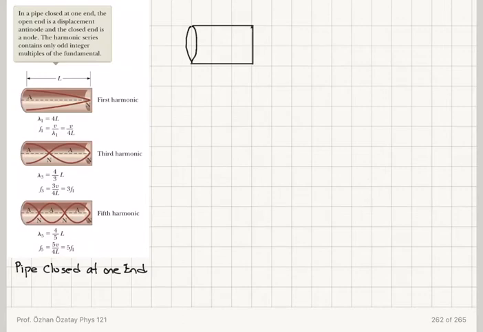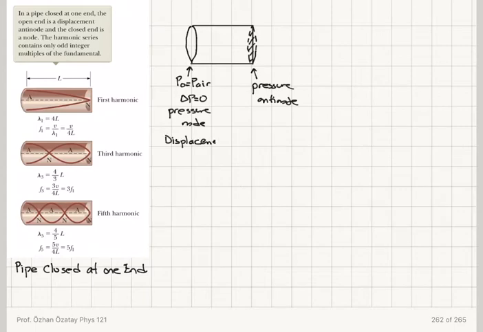This is the open end and this is the closed end. What I see is that the pressure at the open end is fixed. It's the outside air pressure, so delta P has to be 0. So this is a pressure node. On the other hand, here at the closed end we can have a pressure maximum. So here we have a pressure antinode. Therefore, this is a displacement antinode.